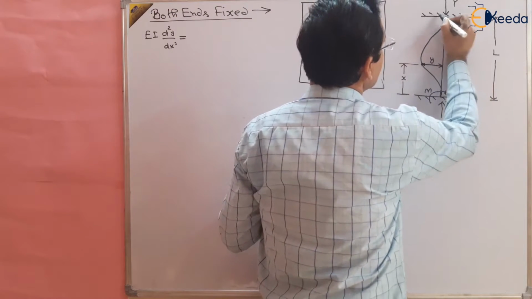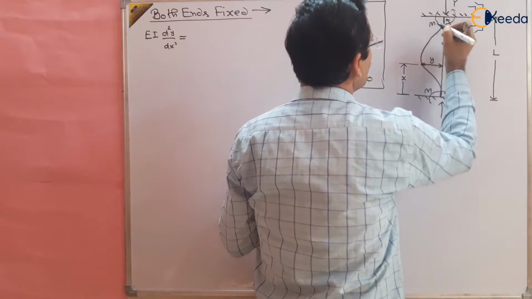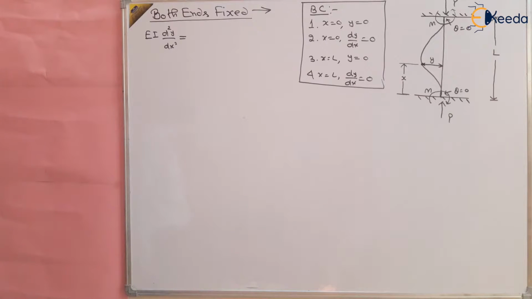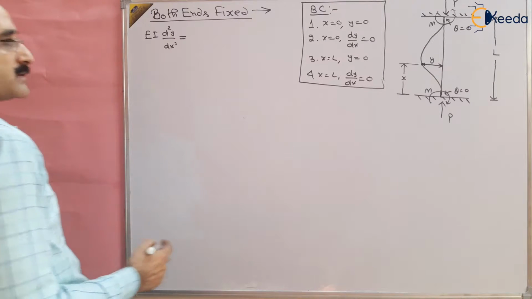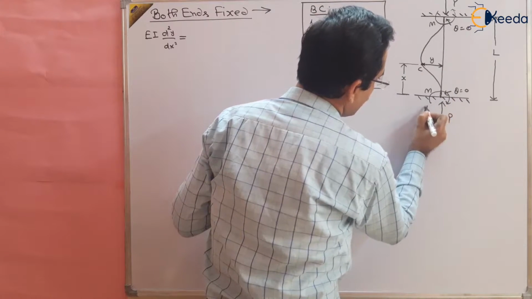Suppose here it is anti-clockwise, here it is clockwise, so this is a resisting bending moment M at the fixed ends, both ends fixed, and suppose this point is C, this is point D, and this point is E, right?